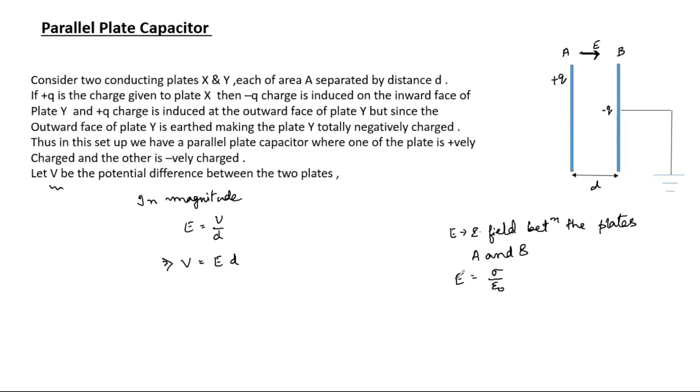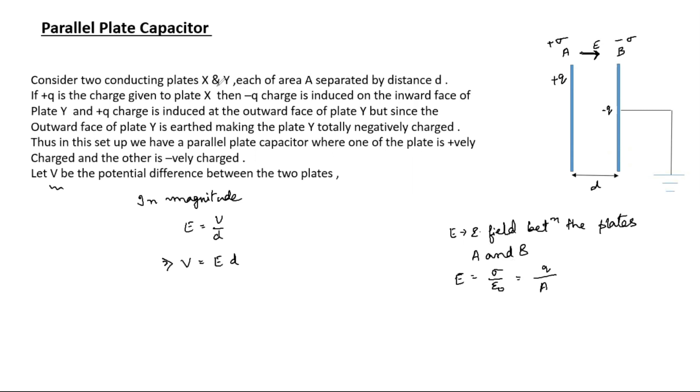This is the amount of electric field in the region between A and B. This sigma is the surface charge density of each plate. So if you have provided plus Q charge, it will have a plus sigma charge density, and the other will have a minus sigma charge density. And charge density is nothing but charge per unit area, the surface area. So let's assume that A is the surface area of this plate.